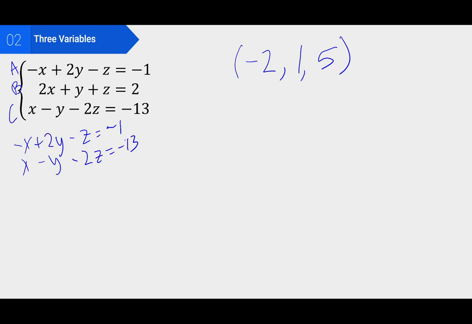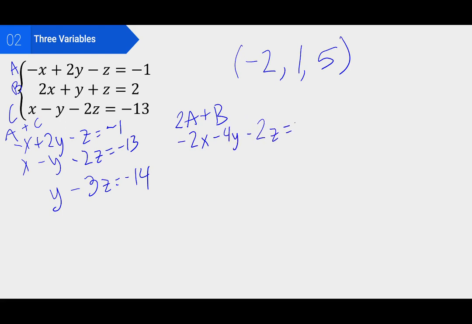I'm going to add A plus C, and I get y minus 3z equals negative 14. That was helping the student add right. A plus C. Now I need to eliminate X again, so let's go ahead and add 2A, right, multiply that by 2, and B. So I have negative 2x minus 4y minus 2z equals negative 2.